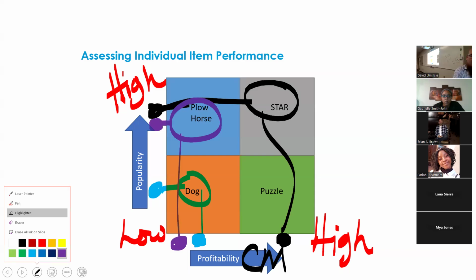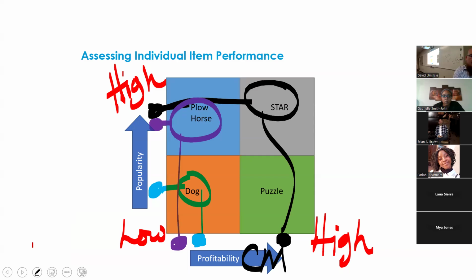And last but not least, if we have low popularity, which means not a lot of people buy it, but high contribution, it makes us a lot of money, these lines intersect at the puzzle.